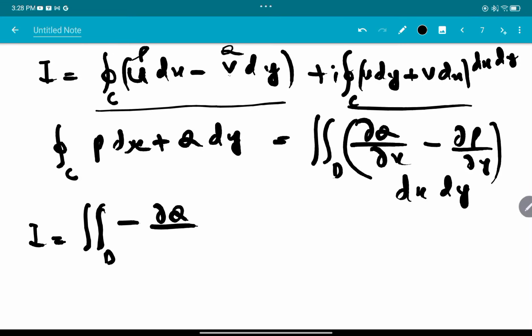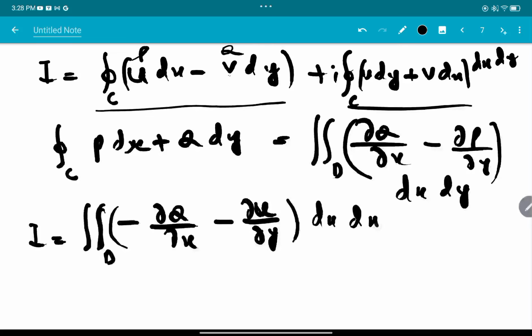It is minus v, so del q by del x minus del p by del y, and p is u, that means del u by del y. That's one part of this, into dx dy.